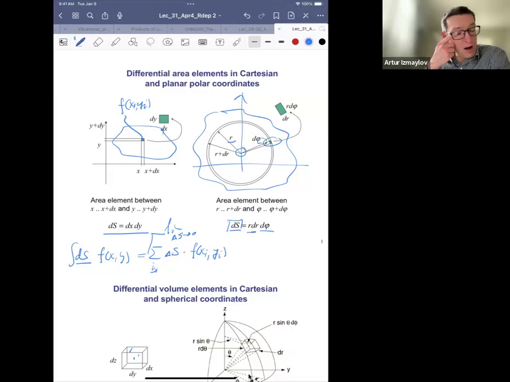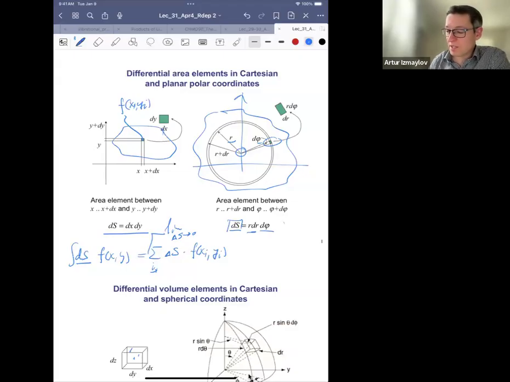Because if we skip this r, then we will not calculate things properly. We will favor the elements close to the center, and we will then make the large elements which are far away from the center count the same amount as the elements that are close to the center and which could be incredibly small.